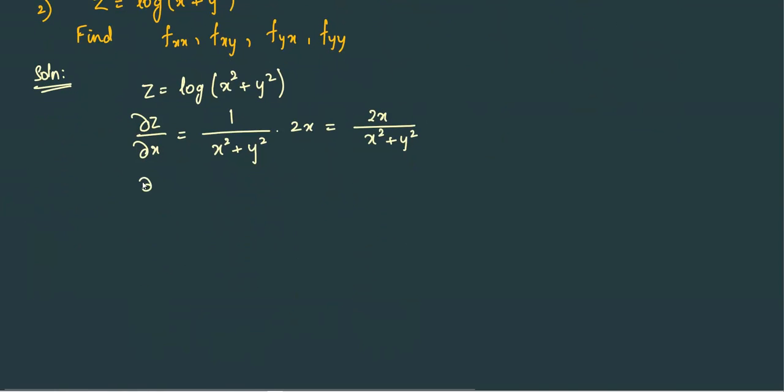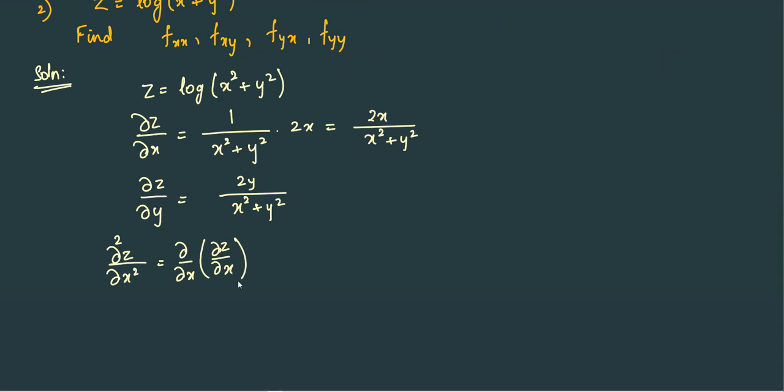Next, ∂z/∂y will be similarly 2y upon x² + y². Now, ∂²z/∂x² is ∂/∂x of ∂z/∂x.